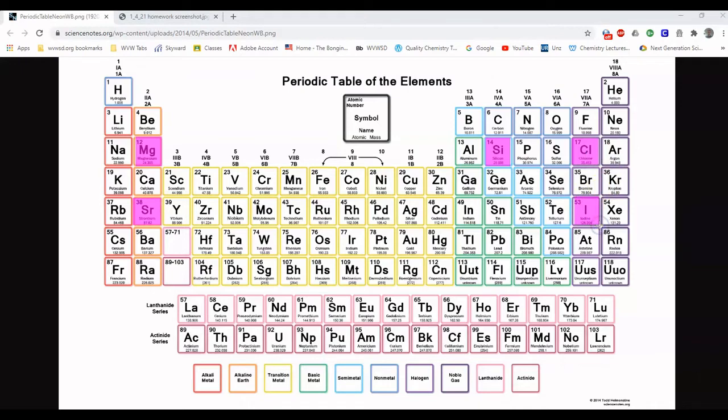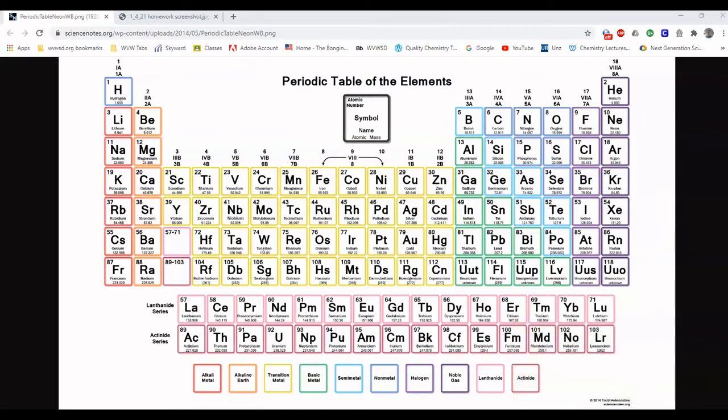The question is, based on the position, which has the smallest radius? It's got to be chlorine. Why is chlorine the smallest? Chlorine is the smallest because it's furthest to the right and highest on the periodic table.